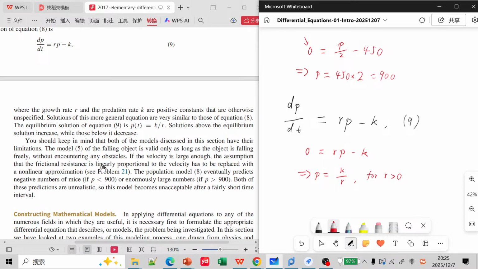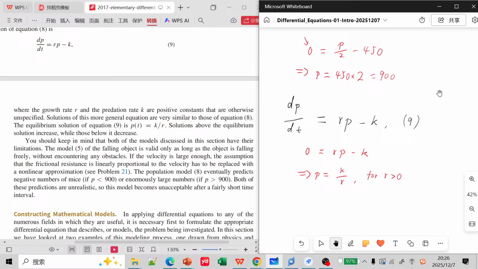You should keep in mind that both of the models discussed in this section have their limitations. The model 5 of the falling object is valid only as long as the object is falling freely without encountering any obstacles.